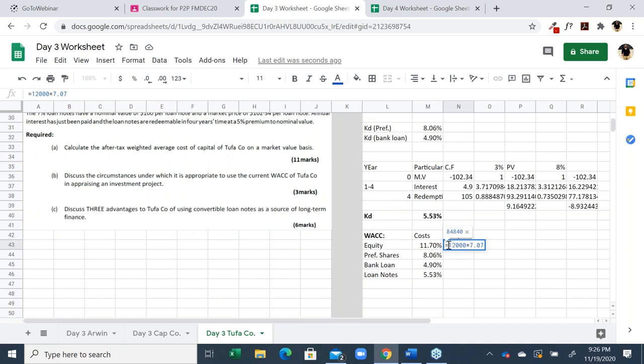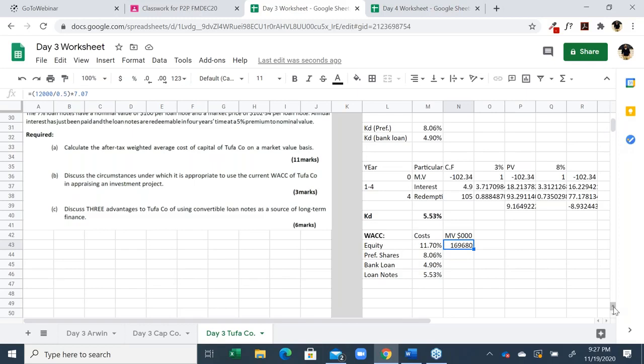The 12,000 is not the number of shares, it's the value of the shares. So we have to divide it by the nominal value, 0.5, to get the total number of shares, and then multiply it by 7.07. Thank you, Sheriar. So 12,000 is the nominal value, divided by 0.5 to get the total number of ordinary shares, and then multiplied with the market price per share to get the total market value of equity, which is 169,680.